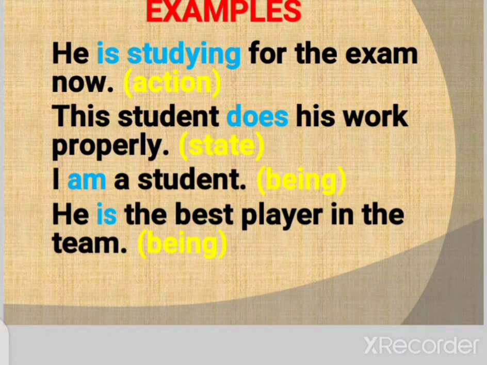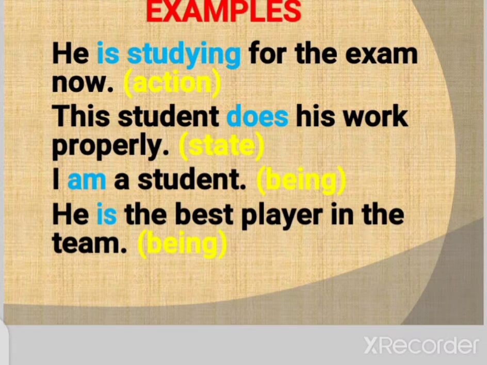For example, he is studying for the exam now. So it is an action. Is studying, it is an action, in present continuous tense. Second one, this student does his work properly. So it is a state. Third one, I am a student. So it is a being.